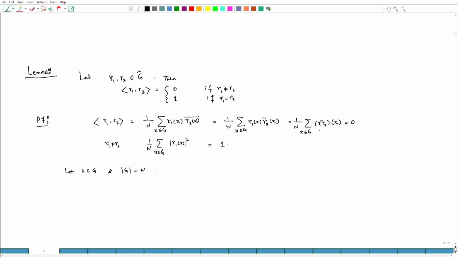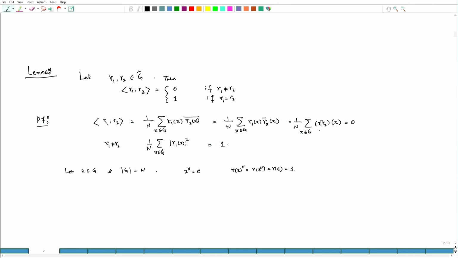Then x to the power n is equal to the identity element in G. Therefore, gamma of x to the power n is equal to gamma of x to the n, which is equal to gamma of e, which is equal to 1.